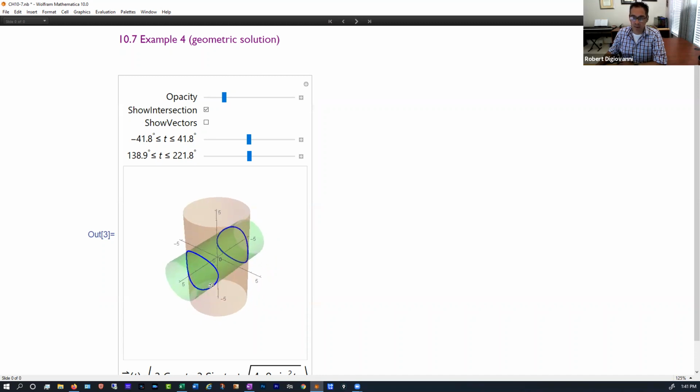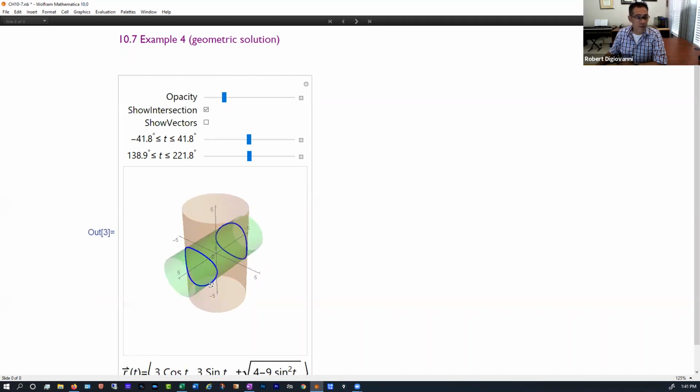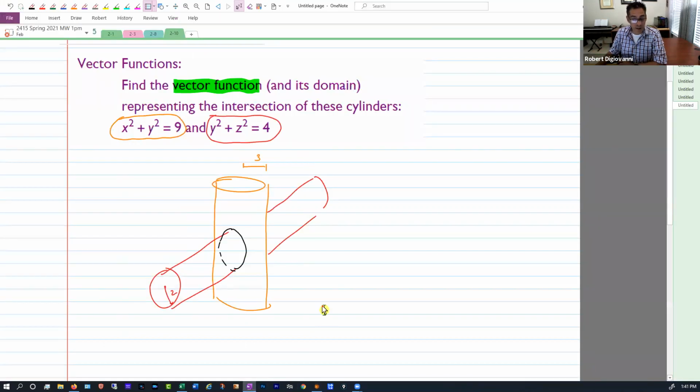So this seems like a pretty challenging problem, doesn't it? Initially, it seems like it'd be difficult for us to do this. Yeah? It's going to turn out that it's not that hard. All right. So let's think about it from this perspective.